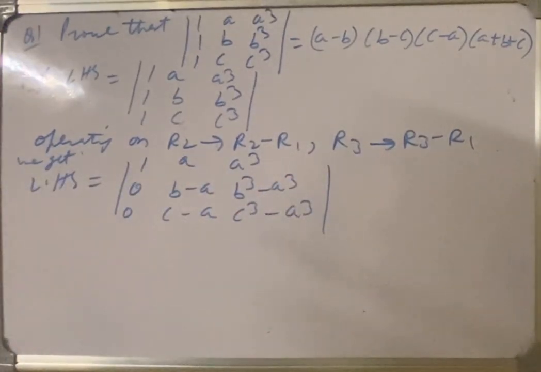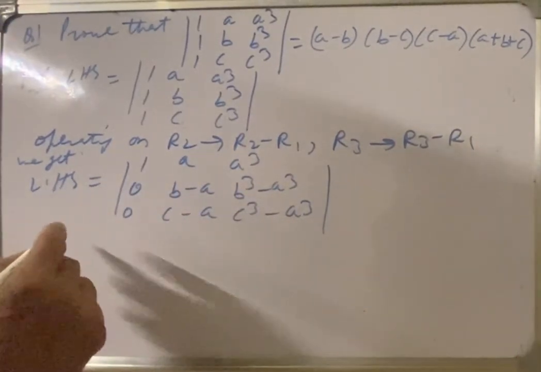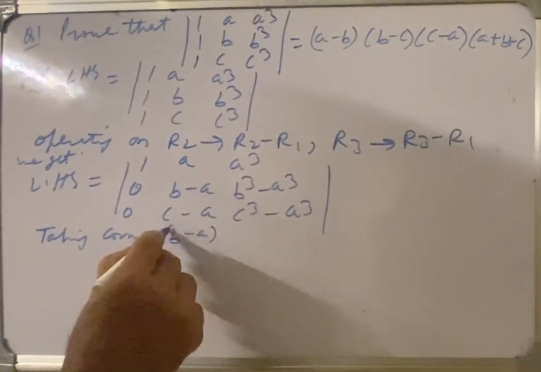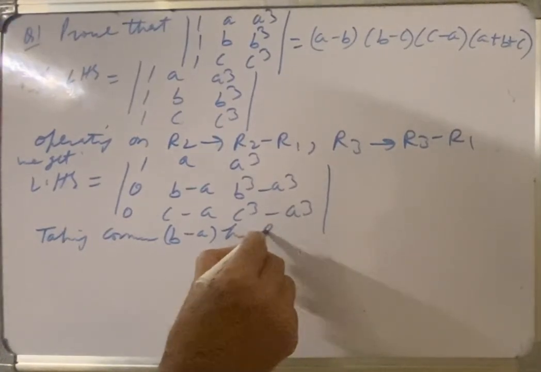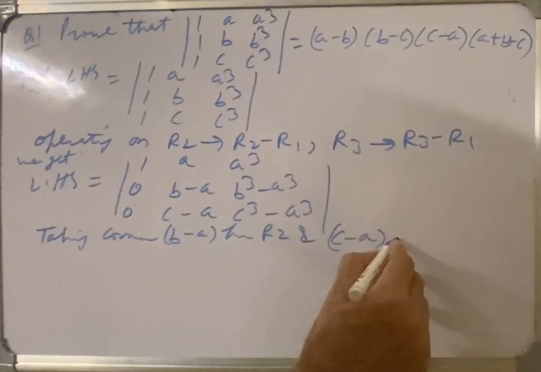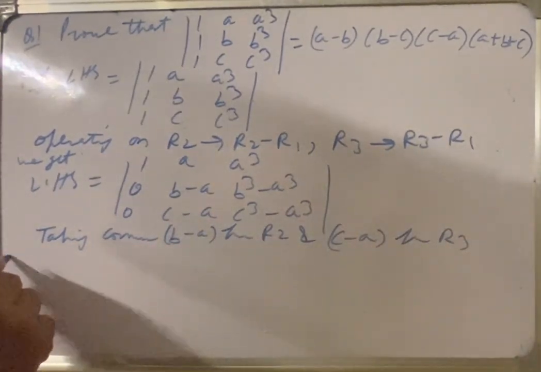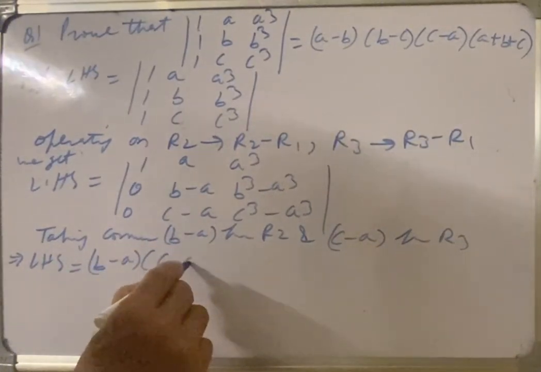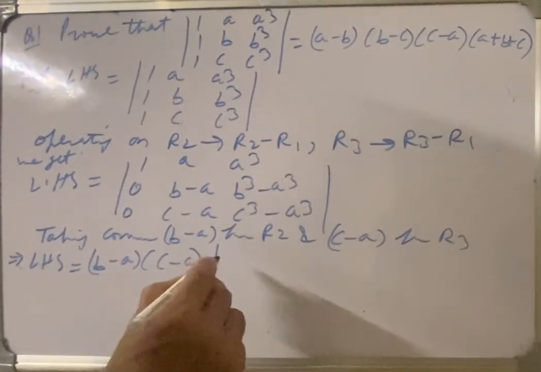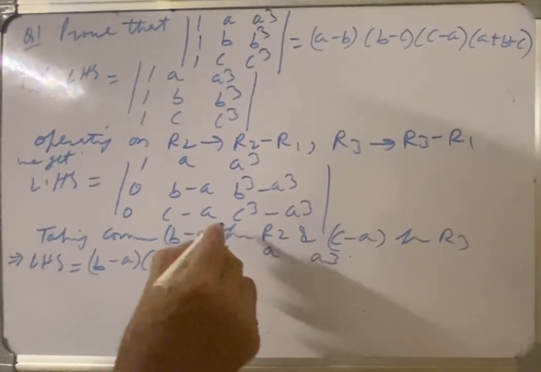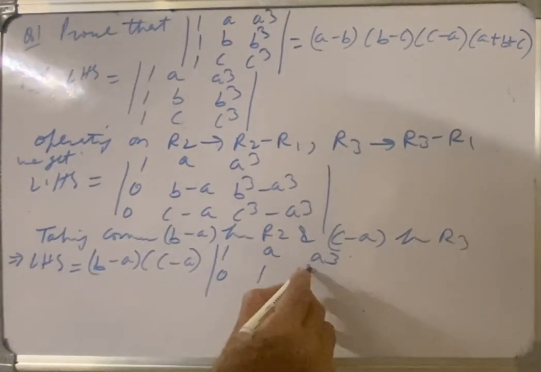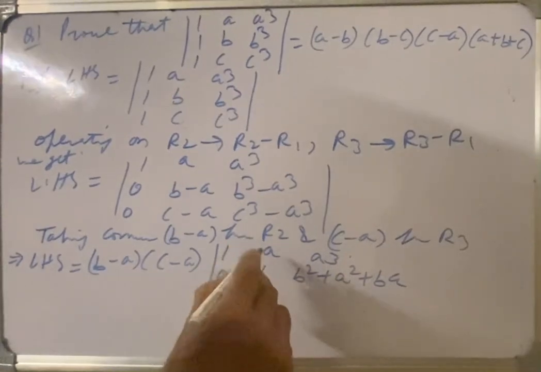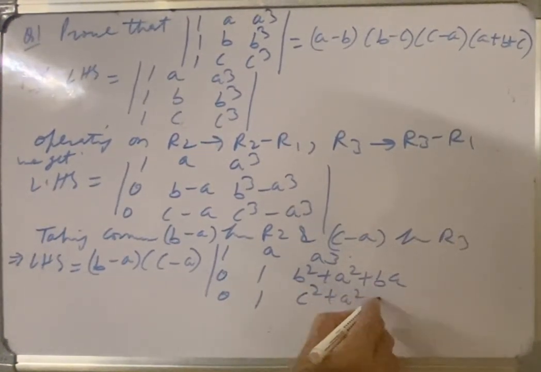Then taking b minus a common from second row R2 and c minus a common from third row R3, we get left hand side becomes (b minus a) into (c minus a) into determinant 1 a cube first row, second row 0, 1, b square plus a square plus ba, third 0, 1, c square plus a square plus ca.